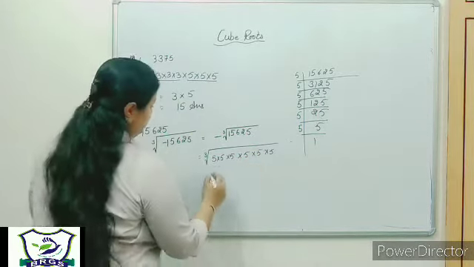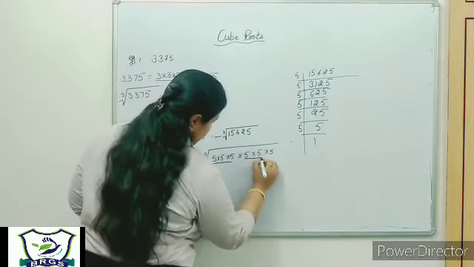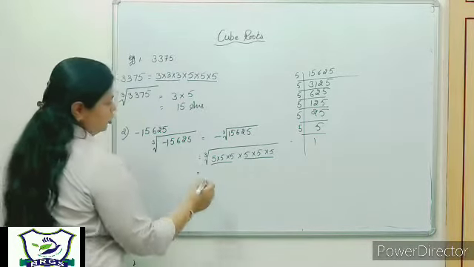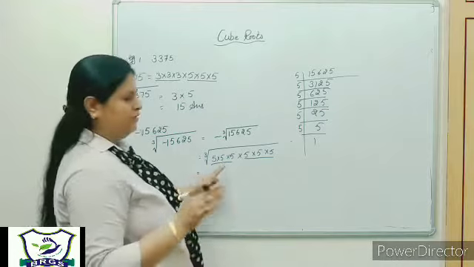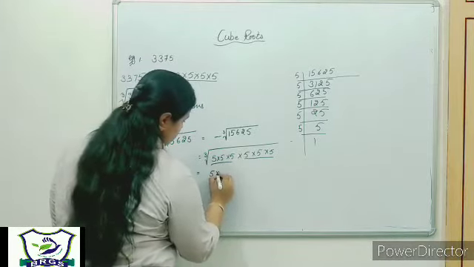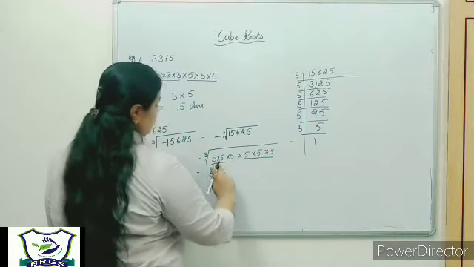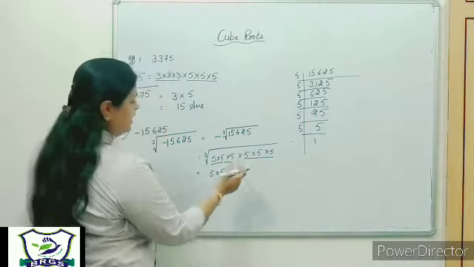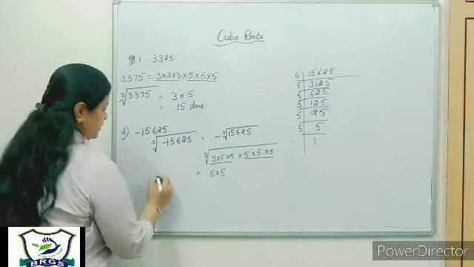Now make a group of 3 factors. From each group, one 5 will come out. 5 into 5. We have two groups, one 5 from here, one 5 from here. Then we will multiply these factors.